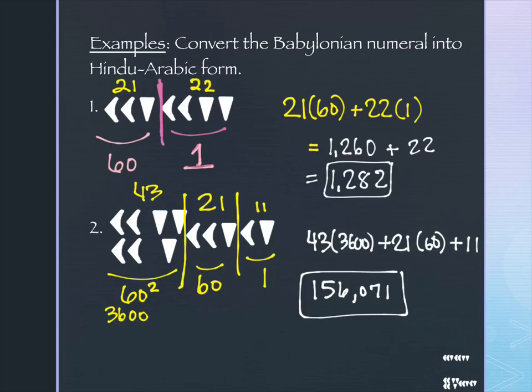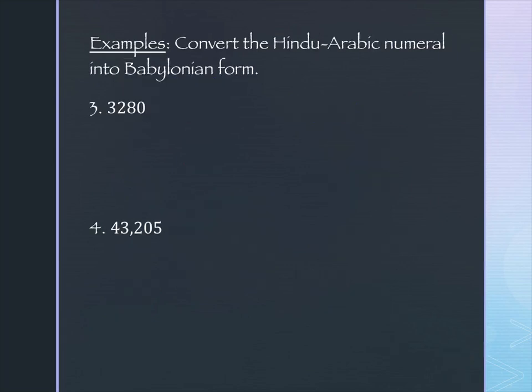Okay. I think I have time to finish up this particular grouping. So let's do one more slide, and then I'll talk about what we do next. 3,280 in our system, and we're turning it into theirs, and then we have 43,205. Now, we already mentioned that we have the ones place, and we have the 60s place, and we would have the 3,600s place, because it's 60 squared.